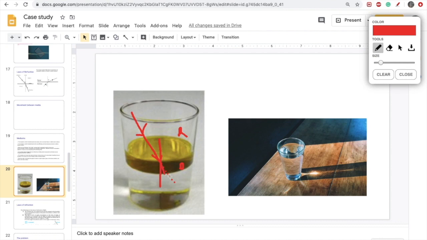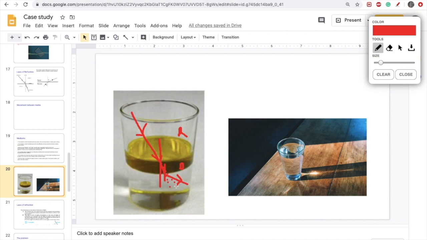Understood? Towards the normal. And now again we have to draw the normal at the surface between kerosene and water. Straight line means after the deviation it should have come like this, but it bends away from the normal, so it goes like this.